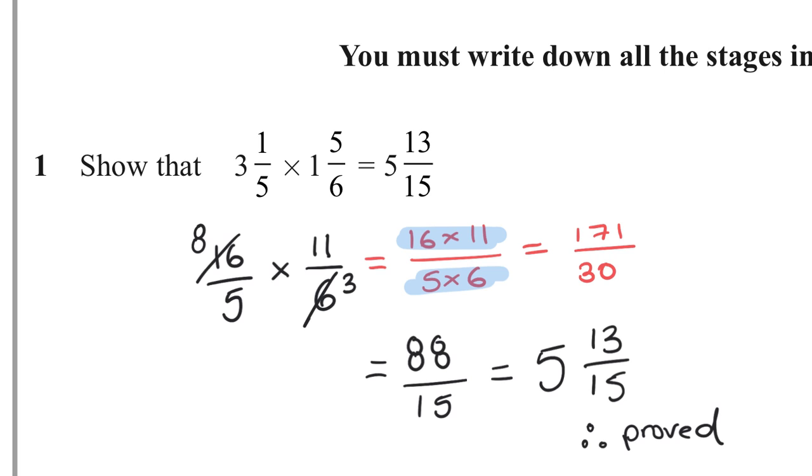Now, it's really important that once you get from 88 over 15 equals 5 and 13/15, you actually have to write this statement here. Or you can write equals right-hand side. However, we've started here, we've shown our work and we've got to the end. They want to see that you've gone from the left-hand side and you've managed to get to the right-hand side. We have shown that starting here, we've been able to manipulate this to get 5 and 13 over 15.